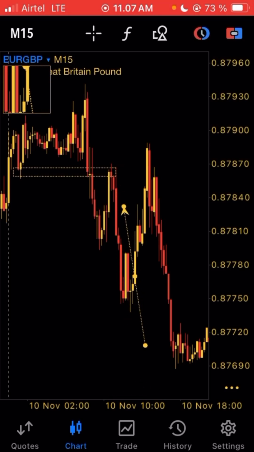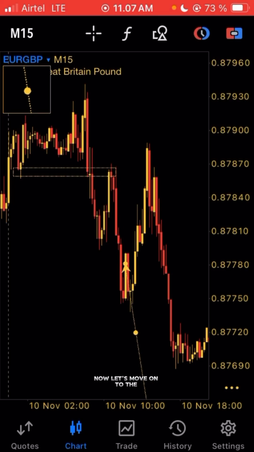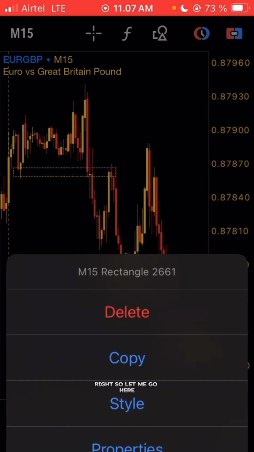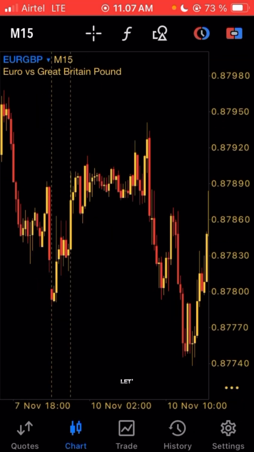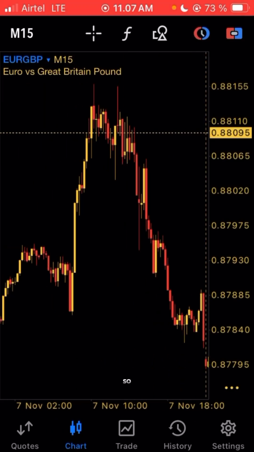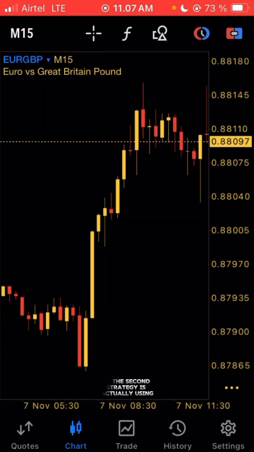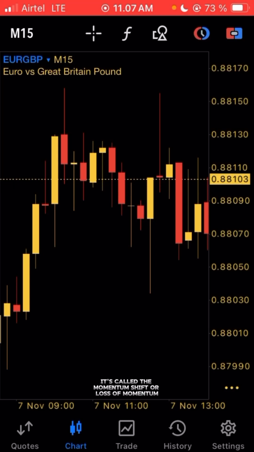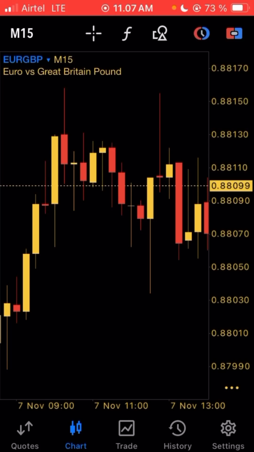All right, now let's move on to the second strategy on the list, right? So let me go here. Let's look for the second strategy. So the second strategy is actually using the momentum shift. Yes, it's called the momentum shift or loss of momentum. What does it mean?